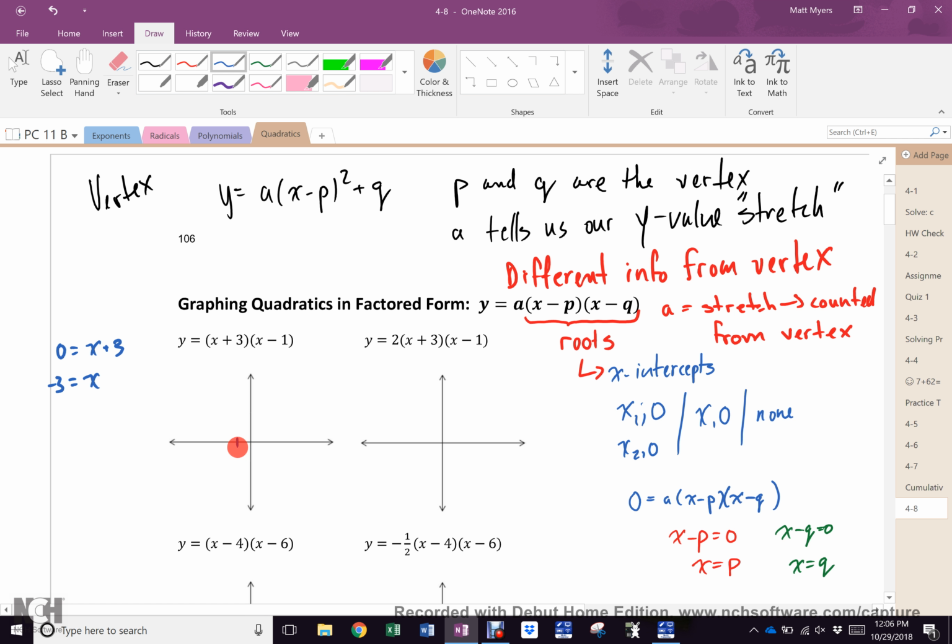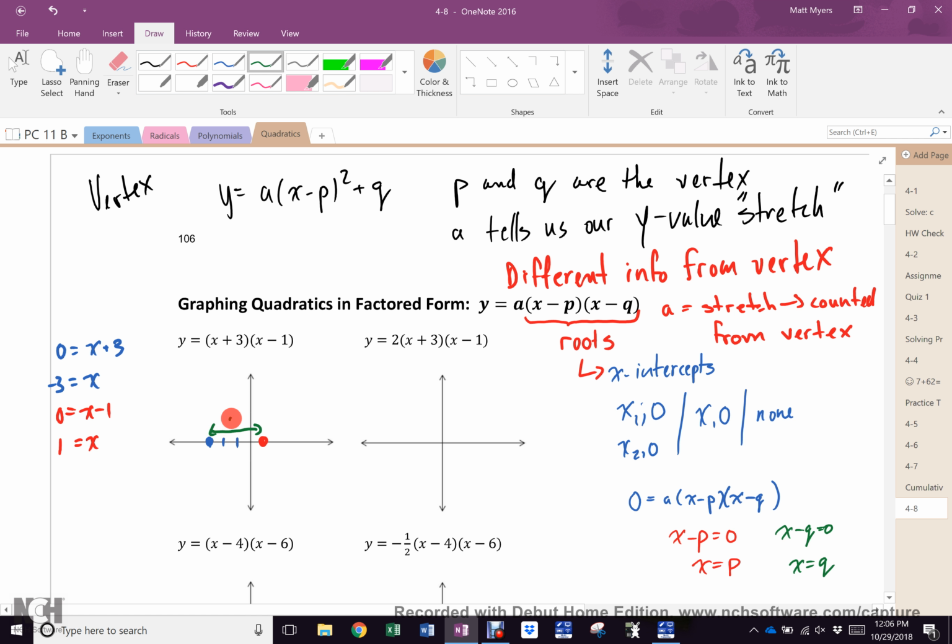Left 3. 1, 2, 3. Does everyone agree? Great. What's the other one? 0 must equal x minus 1, correct? So what must x equal? 1. Where's that? Right 1. Does everyone agree? Great.